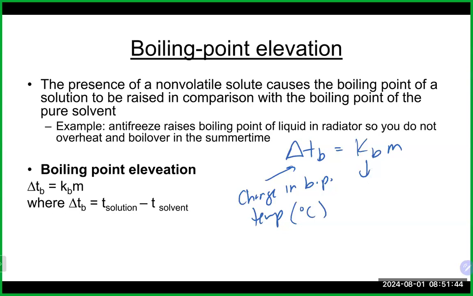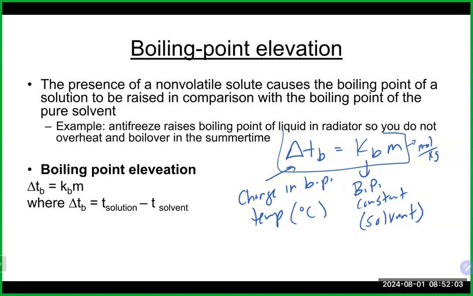Kb is the boiling point constant, a value you look up in a table. Just like the previous one, it is based on the solvent as well. And once again, m is our molality, which is moles per kilogram. This also is for non-ionic compounds. Same reason: it's a one-to-one relationship, so we don't have to worry about anything here.